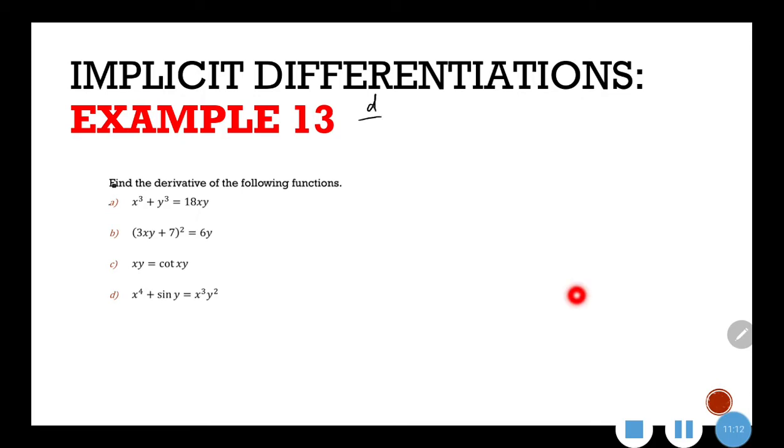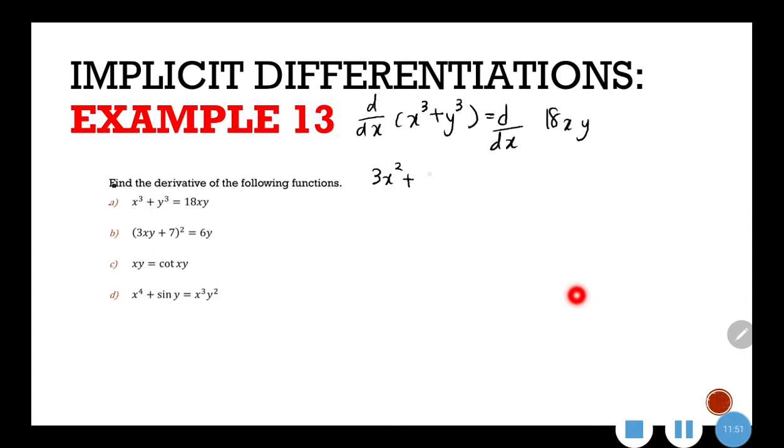So the d dx for this should be written like this: x cube plus y cube equal to the d dx of 18xy. Okay, remember, first for x cube is pretty straightforward. The d dx of x cube should be 3x square plus, but what about this here?